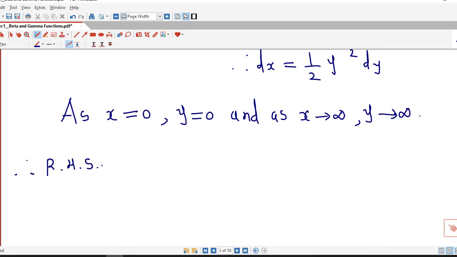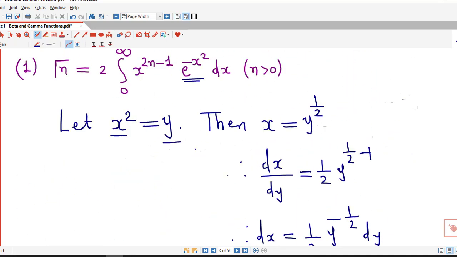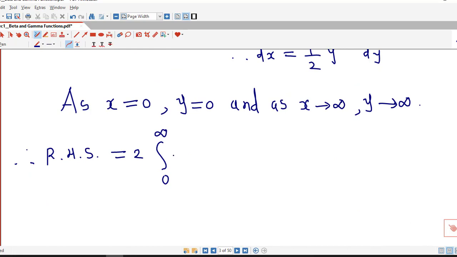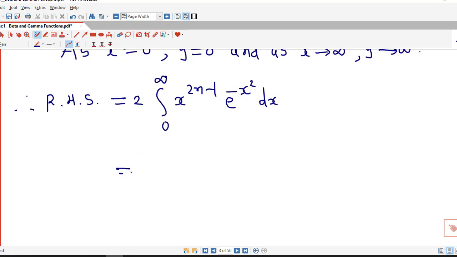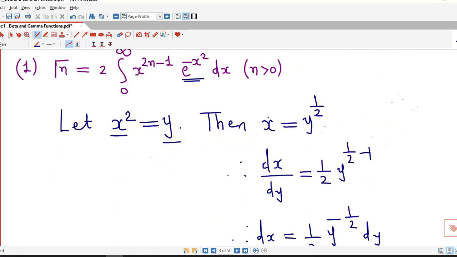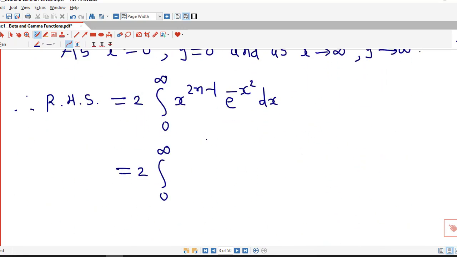So now the right hand side becomes 2 times integral 0 to infinity x raised to 2n minus 1 times e raised to minus x square dx. There is no change in the limits, so we keep the limits as they are, and instead of x we put y raised to 1/2, because x square is y, so x is y raised to 1/2.